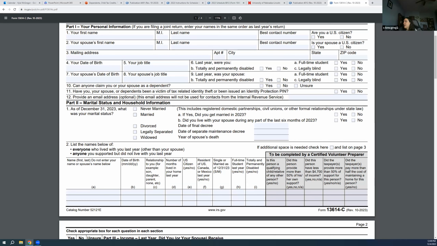So we'll go through and say, okay, is this a qualifying child or a relative? Yes or no? Did this person provide more than half of their own support? Yes or no? So we'll ask them these questions. Did the person make less than $4,700? Did the taxpayer provide more than half the support, or pay more than half the cost of keeping up the home?